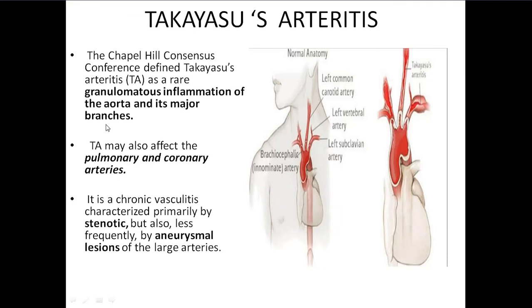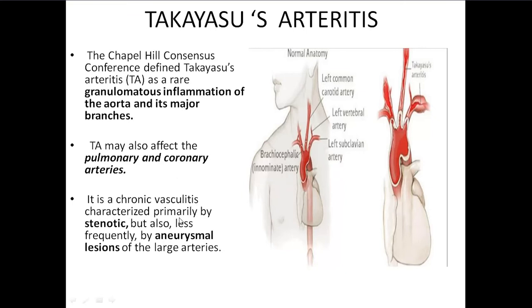So this is one of the granulomatous vasculitis. We have 4 granulomatous vasculitis, and Takayasu arteritis is one of them. It may also affect pulmonary and coronary arteries.